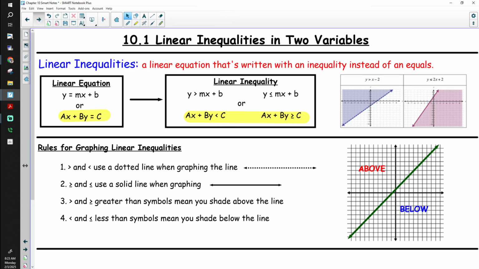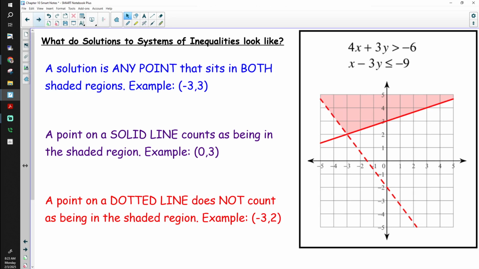Before we get into it, let's talk about solutions. Before, the solution to a system was where the two lines did what? Crisscross applesauce. A system of equations is going to be where the two shaded regions intersect.